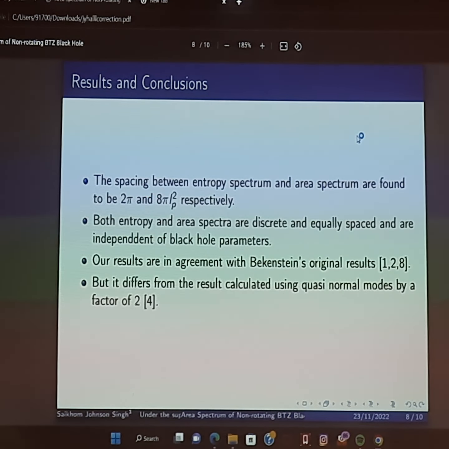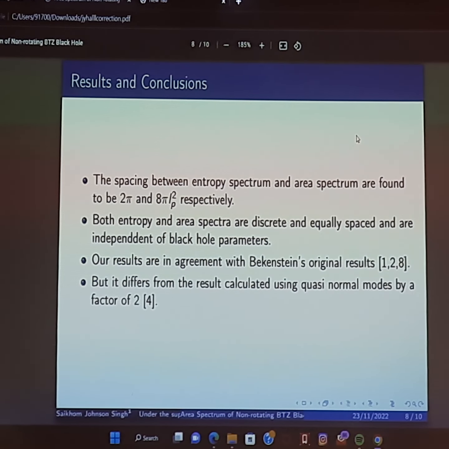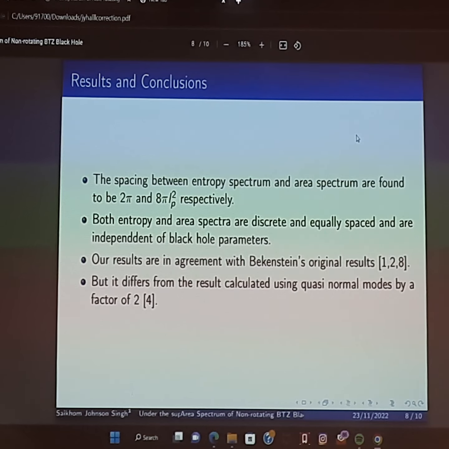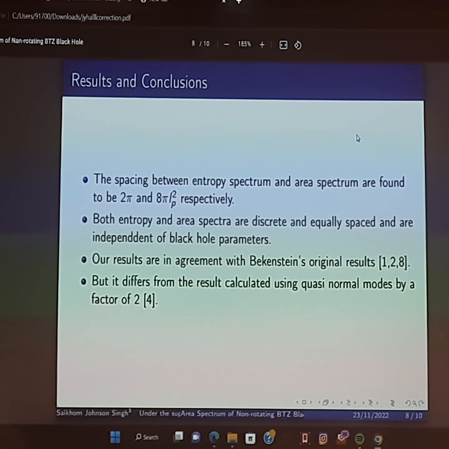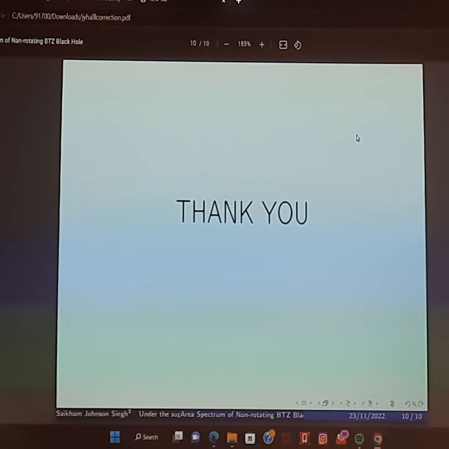Our result is in agreement with Bekenstein's original result, but it differs from the result calculated using quasinormal modes. In the near future, I will do research on quasinormal modes under the supervision of my supervisor. These are my references, and thank you.